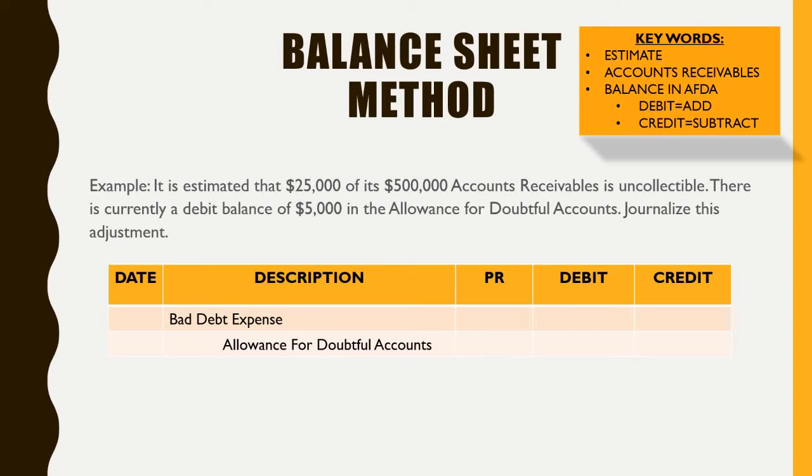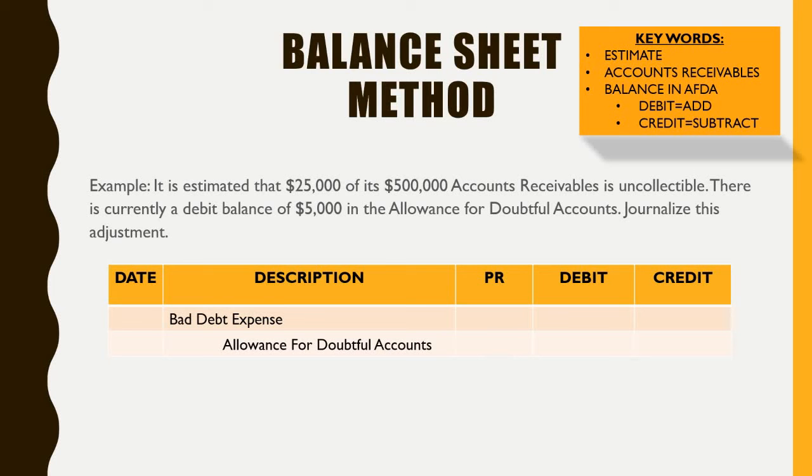Now we've reached the end of the period, and I have a total balance of $5,000 in my allowance for doubtful accounts, and it's a debit balance, as when we journalized it earlier. But here I'm making an assumption, an estimated amount, that realistically I'm not going to get $25,000. Not just $5,000, I'm not going to get $25,000.